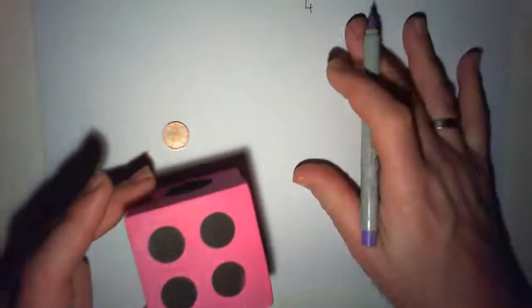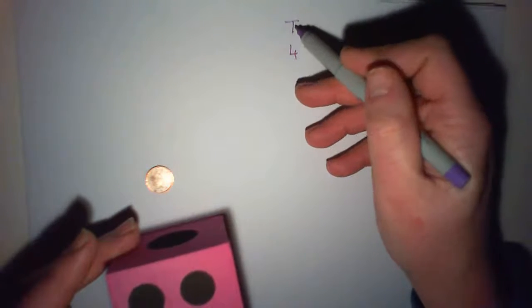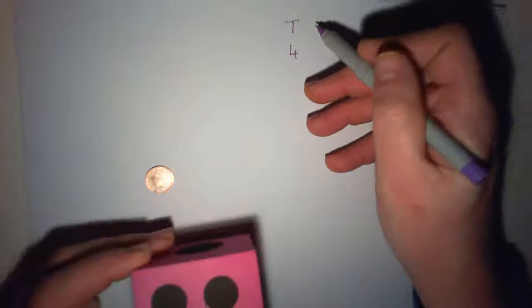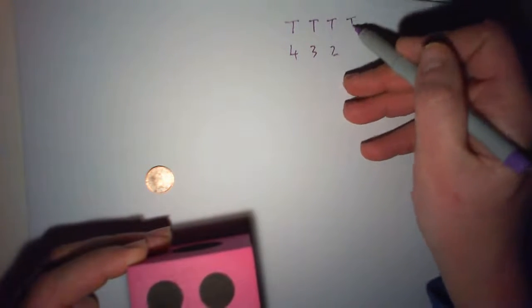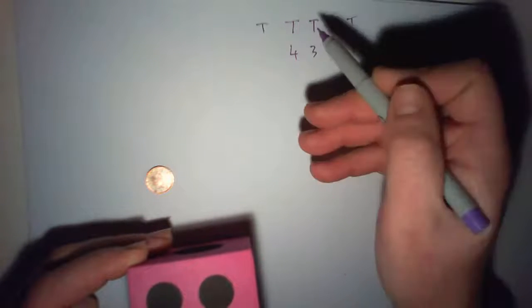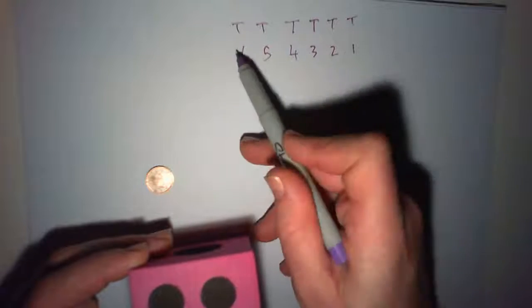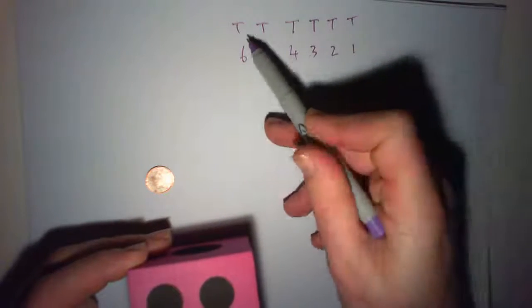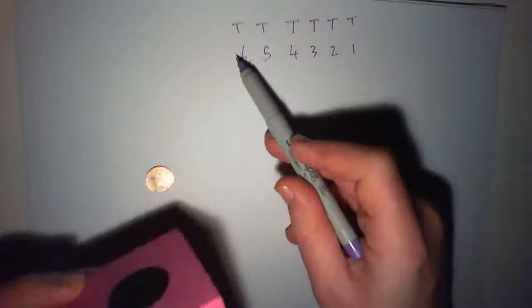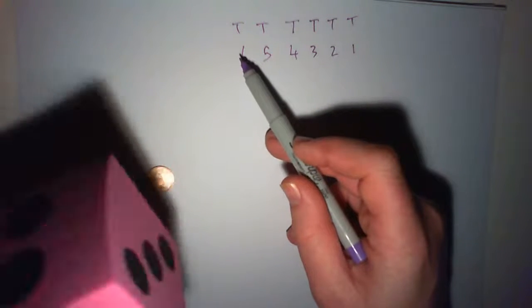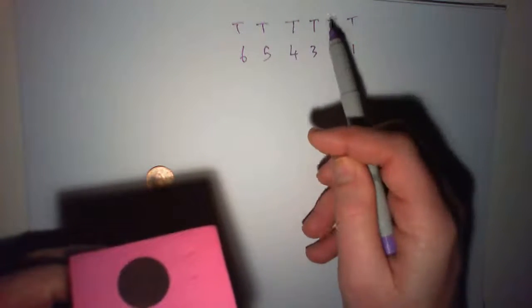So the two events happened, and there is a possible outcome. You get a tails with a 4. Let's say I did it again, but I got a tails with a 3, then a tails with a 2, then a tails with a 1, then a tails with a 5, then a tails with a 6. That's all the possible outcomes I could get if I flipped the coin and got tails and rolled the dice. Because you can't get more than 6 when rolling a dice, or rolling a die, and you can't get any other thing you can possibly get.